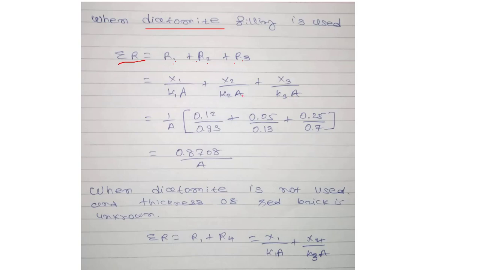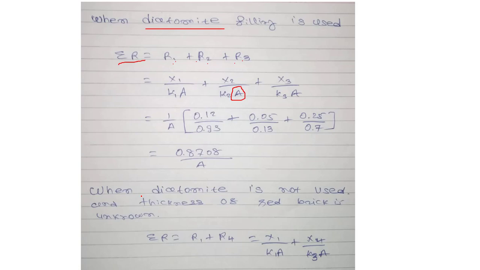Now the cross section of all layers is the same, so we are just putting A for the cross section. By putting all values in this equation and solving, we get the value of sigma R in terms of A.